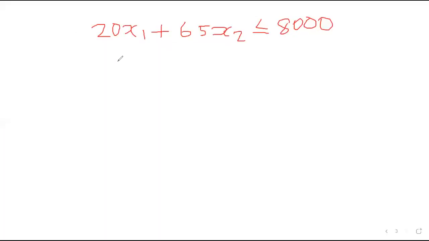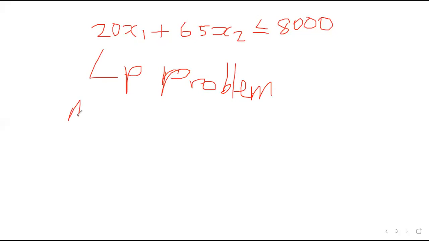So this one, meaning that the LP problem should now be given by this. We maximize our Z, which is equal to 40x1 plus 75x2.